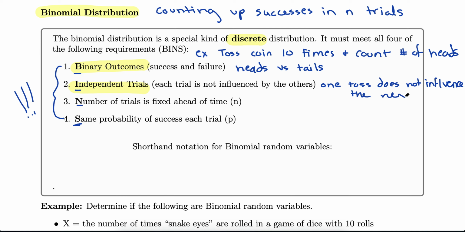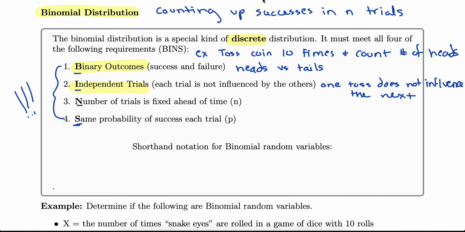So sometimes this requirement of independent trials is obvious, like tossing a coin or rolling a dice. If you're dealing with human subjects, for example, though, it might not be as obvious. The way we meet independent trials is if we collect a random sample. We talked about doing that earlier in the course.